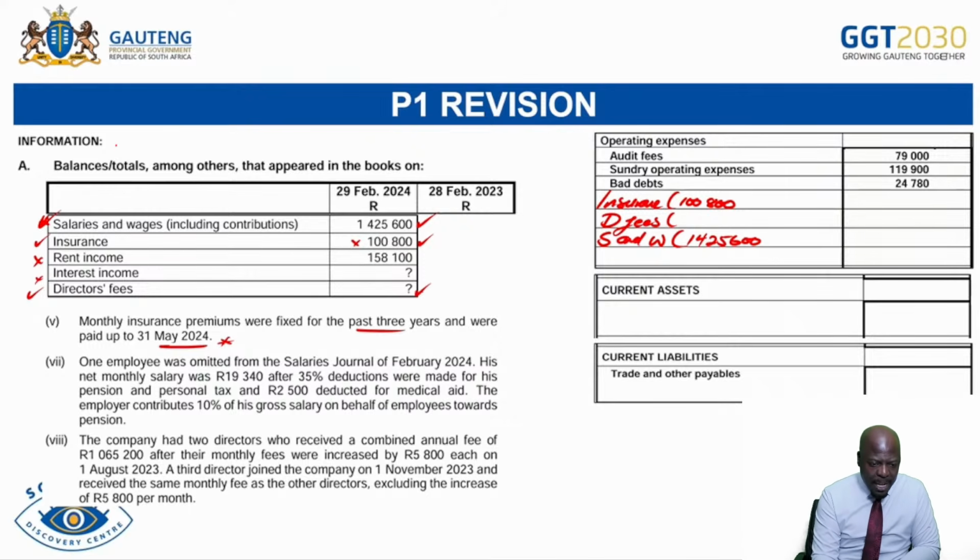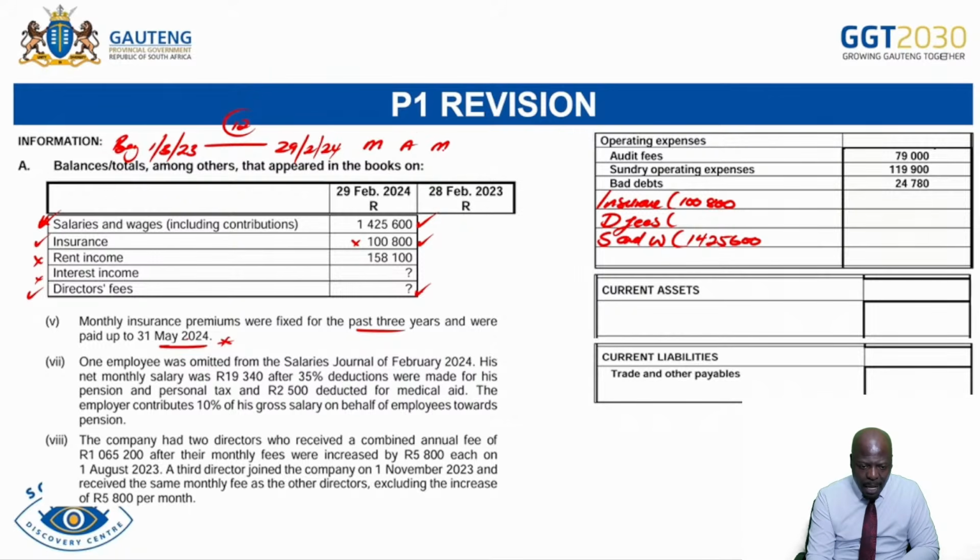The financial year begins on the 1st of March 2023 and it should end. When is it ending? 29 February 2024. How many months is that? These are 12 months. And then you are told we paid until May. That means we paid for March, April, May. How many more months here? That's 3 more months. So if you say 12 plus 3, that should give you 15 months.